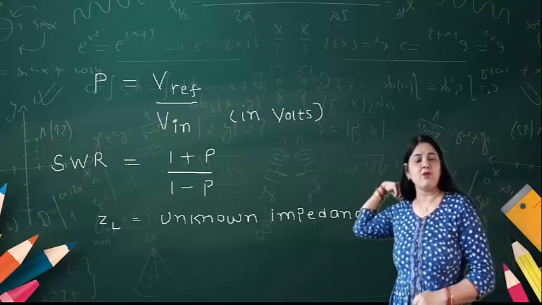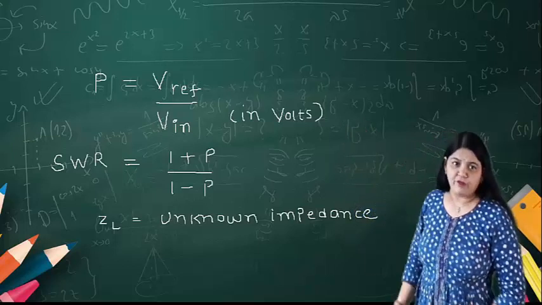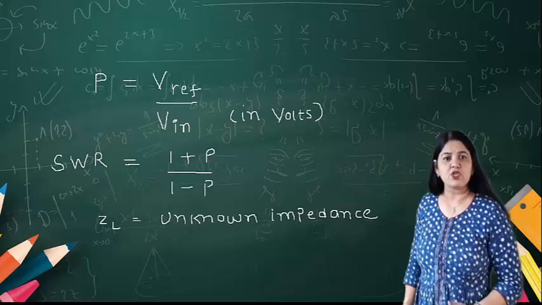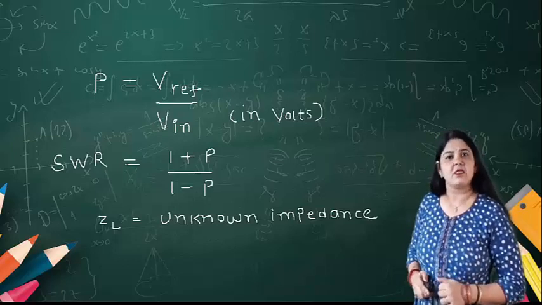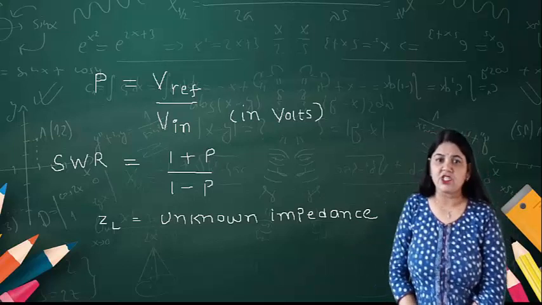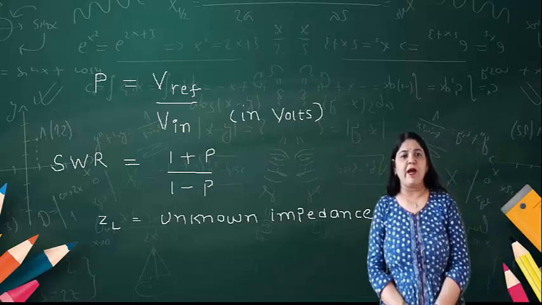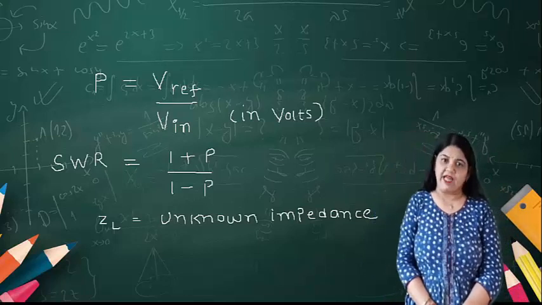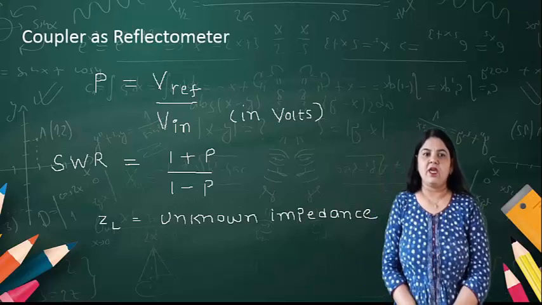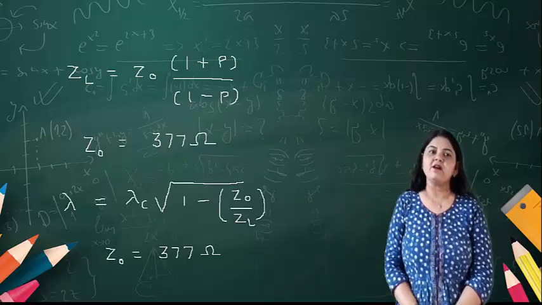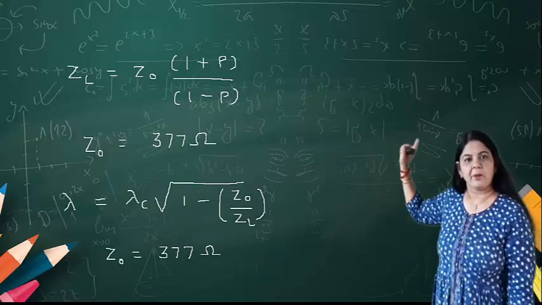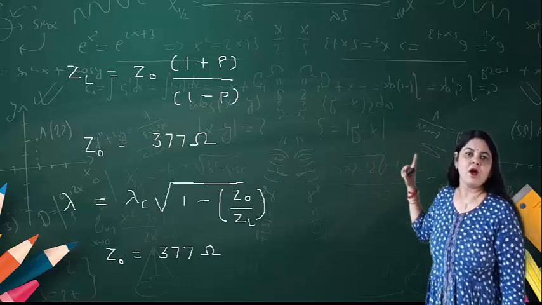So my rho is equal to V reference upon V input. SWR is equal to 1 plus rho upon 1 minus rho, and we can find it from the reflection coefficient. We are able to find out the SWR value. Also we can find out the ZL value: ZL is equal to Z0 times (1 plus rho upon 1 minus rho).